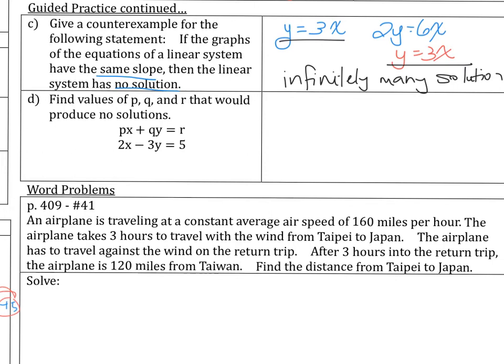Part D. Find values of P, Q, and R that would produce no solutions. So I'm going to first find the slope of the second equation of this system.